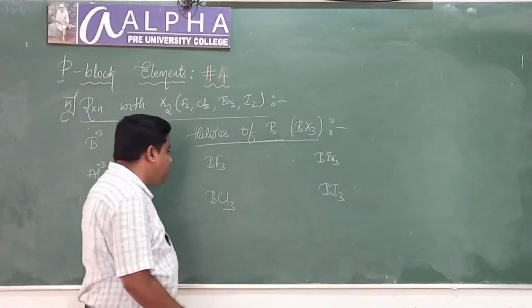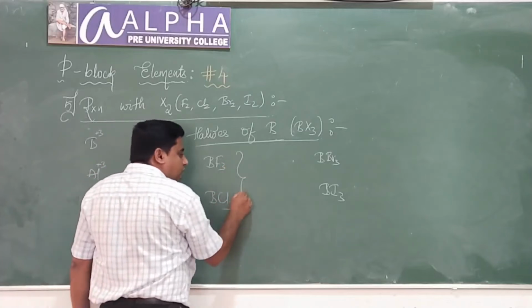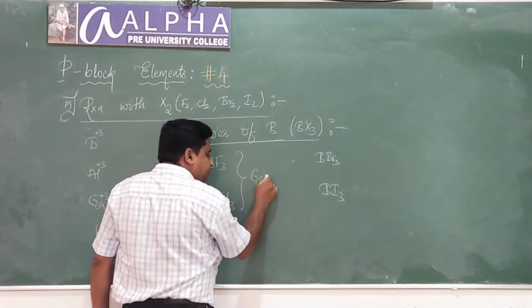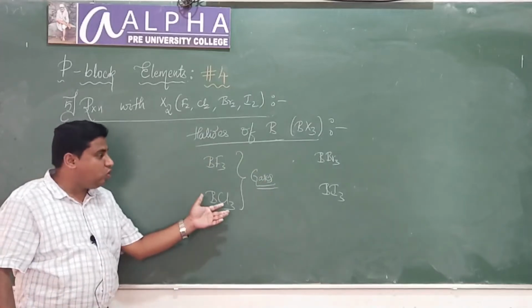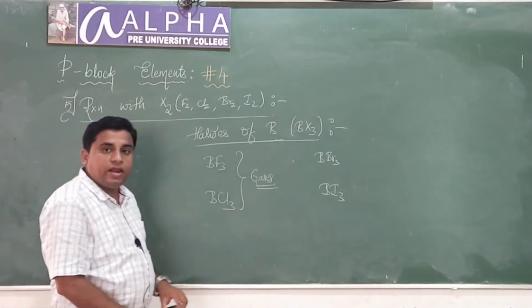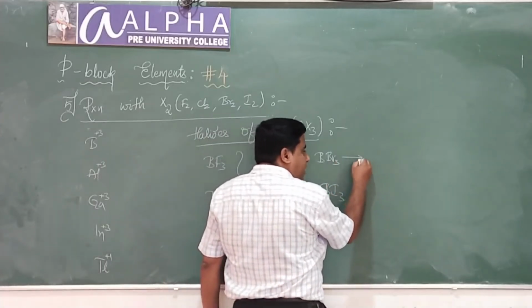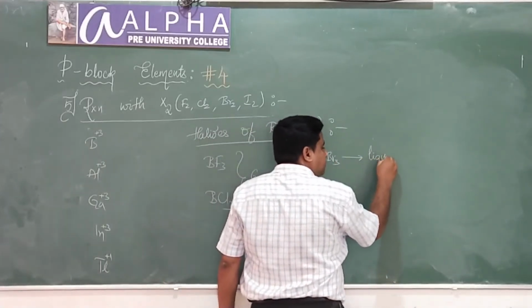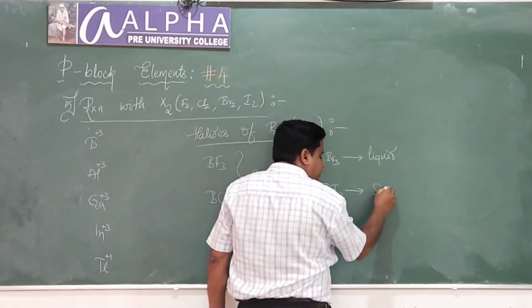Note this point: boron trifluoride and boron trichloride are gases, whereas boron tribromide is a liquid and boron triiodide is a solid.